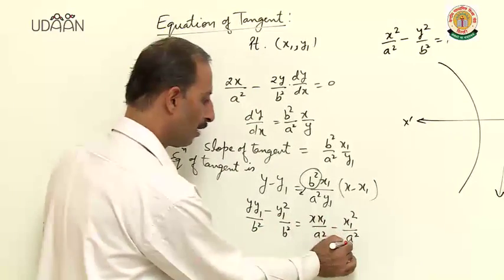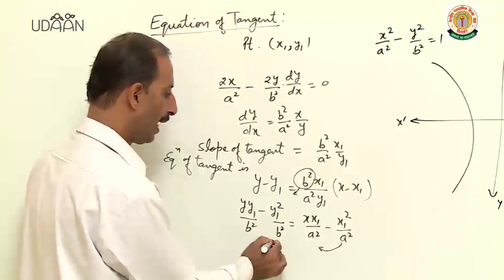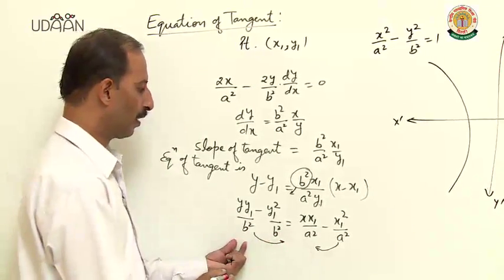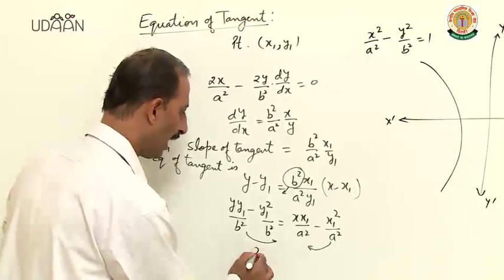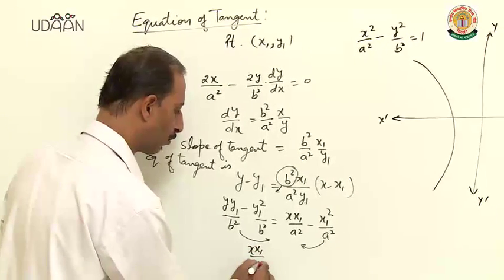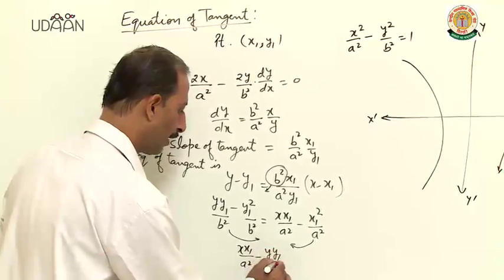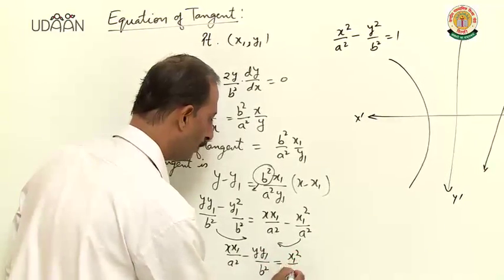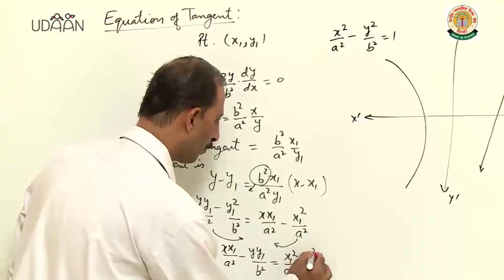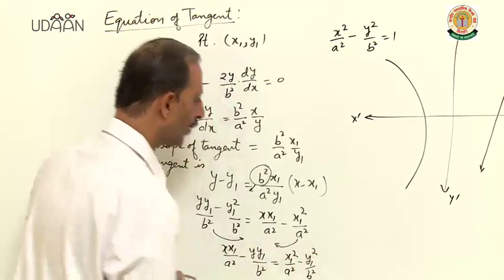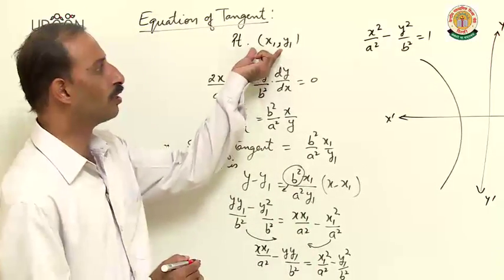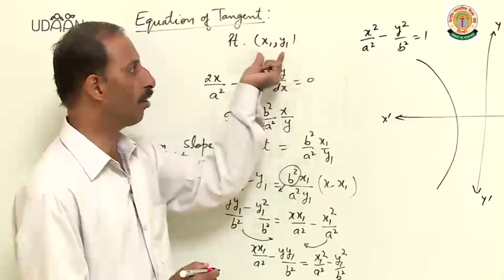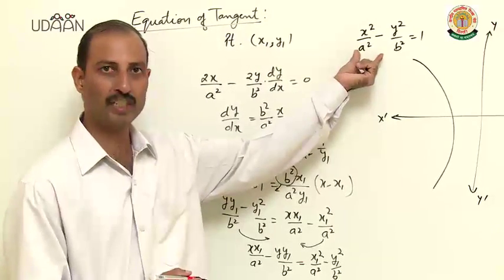Now this term transfer to the left hand side and this term transfer to the right hand side. You can see which type of equation you will get: x1 x upon a squared minus y1 y upon b squared is equal to x1 squared upon a squared minus y1 squared upon b squared. Now children, you know this point lies on the hyperbola. If this point lies on the hyperbola, it will satisfy this equation.